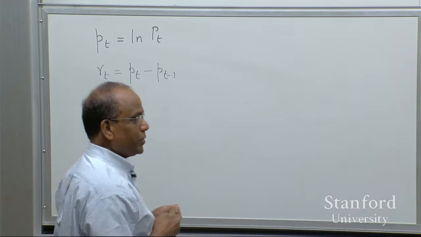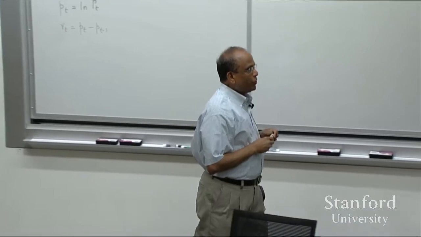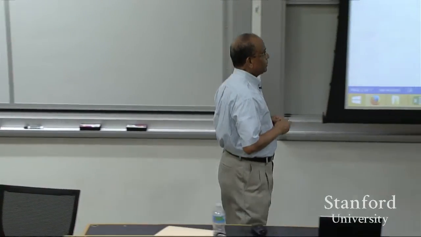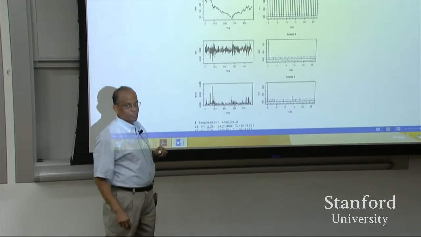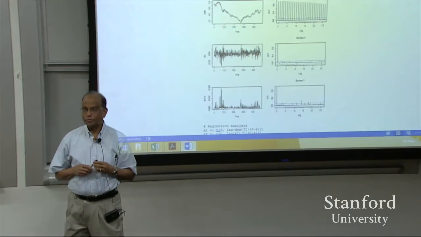P of t minus P of t minus 1. Okay? So if you look at the second graph here, this is supposed to be the return series. Okay? So what is the autocorrelation function of the return series, which is given in the next diagram here, and you can see, is there any autocorrelation there?